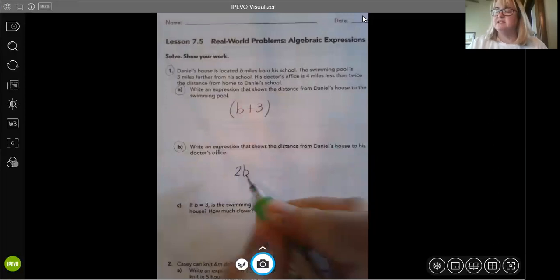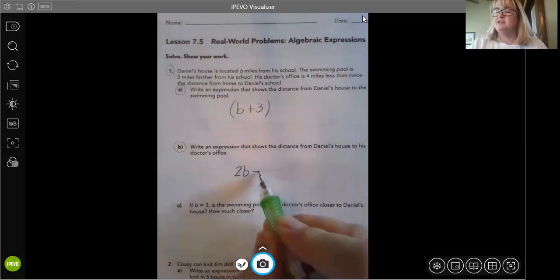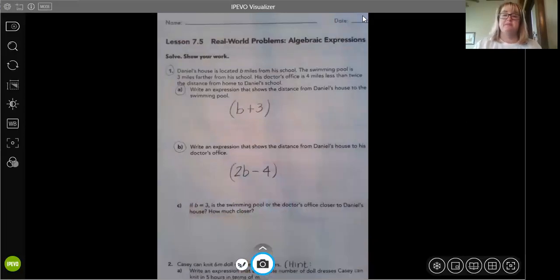But then it's 4 miles less, so we've got to subtract 4. So the expression is 2B minus 4. You see how this is working? So we are taking what we know in the real world and making an expression to represent that. I want you to try C on your own, and we'll go on to number 2.